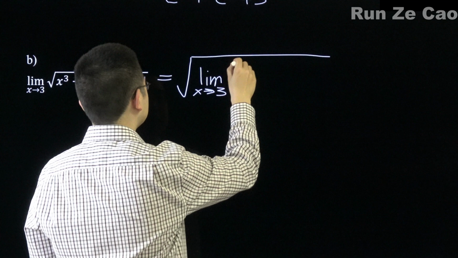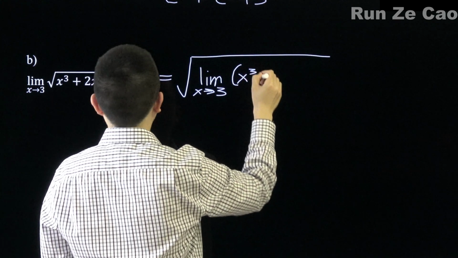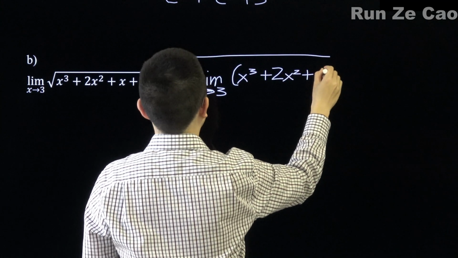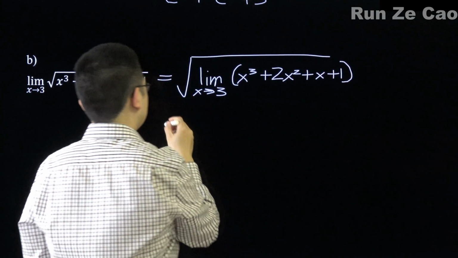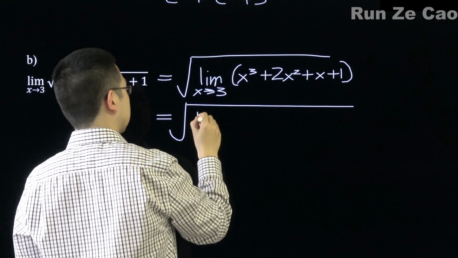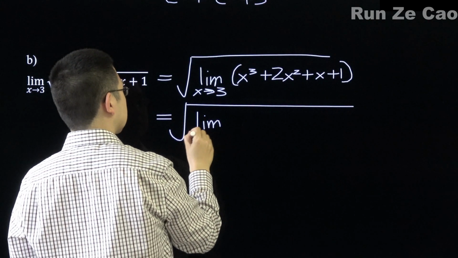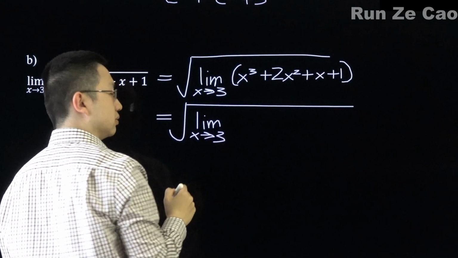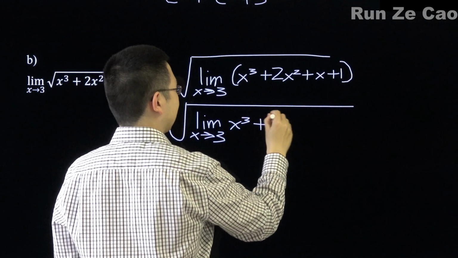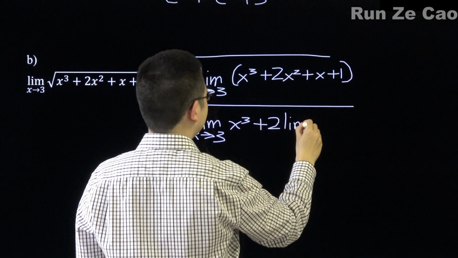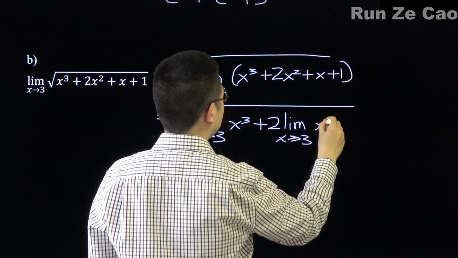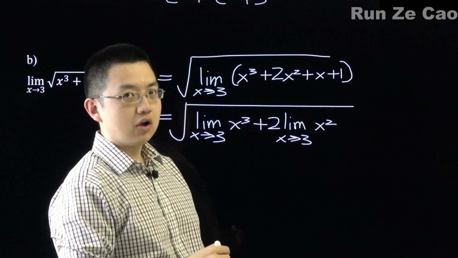So the limit as x approaches 3 of x cubed plus 2x squared plus x plus 1. And this is equal to the square root of, I do realize that this is taking it to the extreme. And I do realize how overboard this is, but, well, it does say use limit laws, right? And why would a teacher ask this if they didn't want you to demonstrate that you know exactly what the limit laws are talking about?